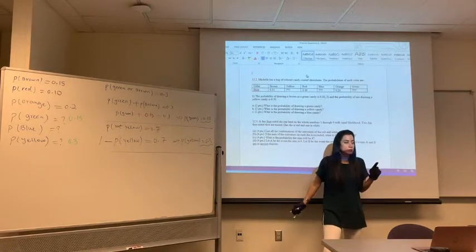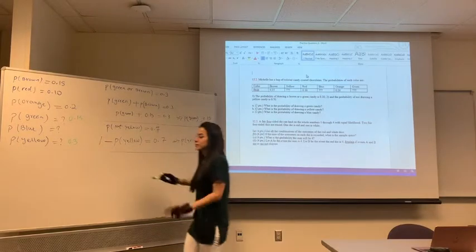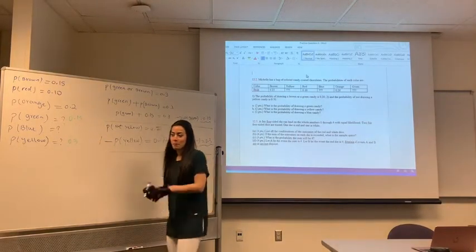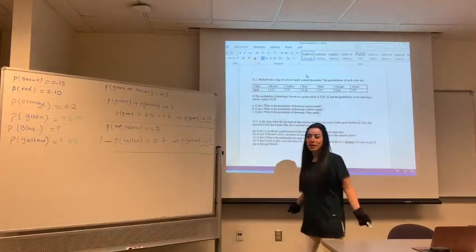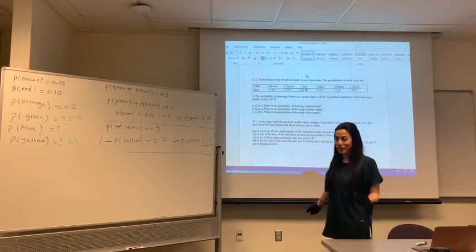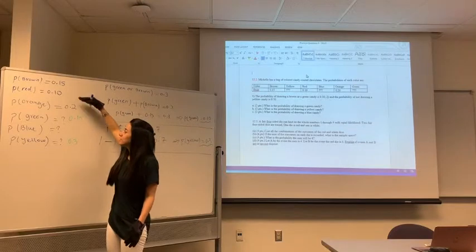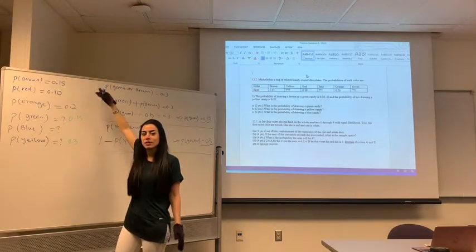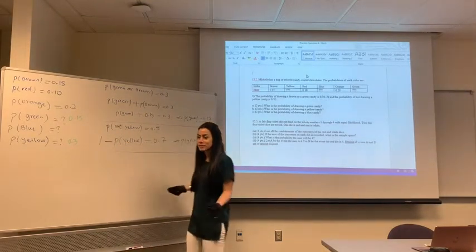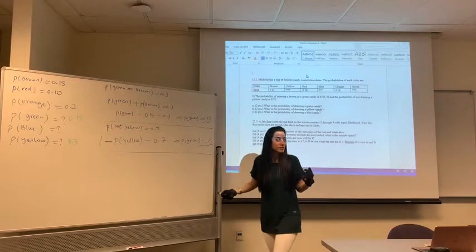Just one probability remains. This one. How do we find this? Add them all, subtract from 1. Because we know all these together will give us the probability of the sample space, which is 1. Correct?